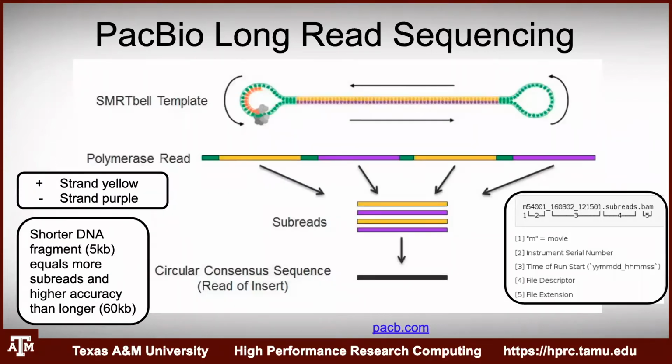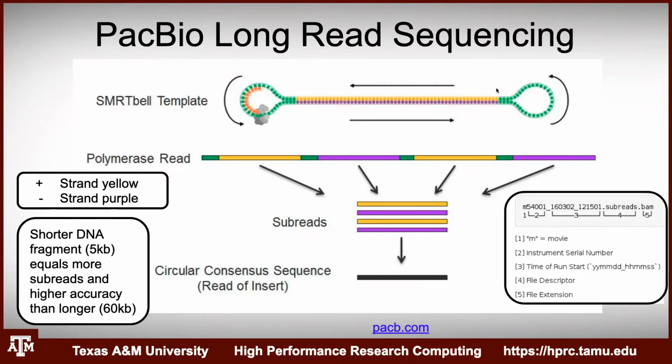So the way PacBio sequencing works, essentially we have this DNA fragment here, and this is what's called a SMRTbell template. Essentially we're reading this right here, looping around and reading again, then looping around and reading again.